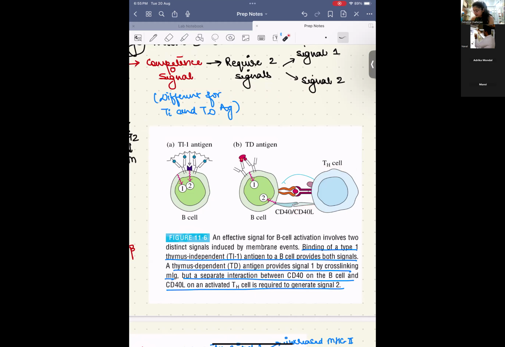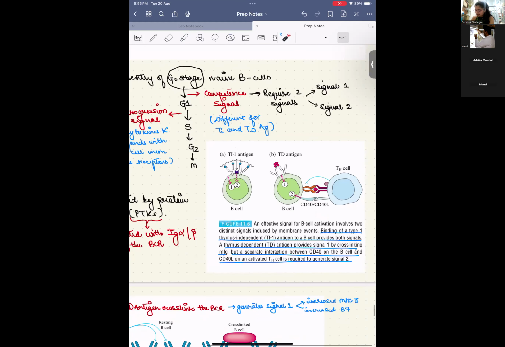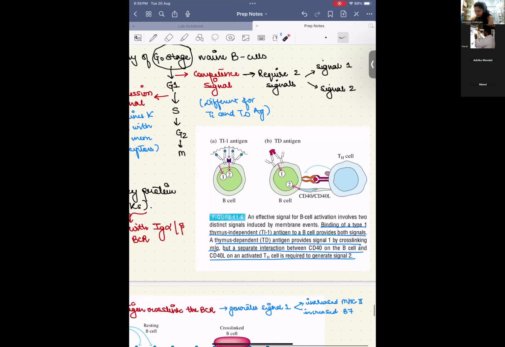This antigen has to be presented to the TH cell by the MHC complex receptor, and the CD40 and CD40L binding provides the second signal that we have discussed. So both the cross-linking and the CD40-CD40L interaction together allow the transition from G0 to G1 phase.